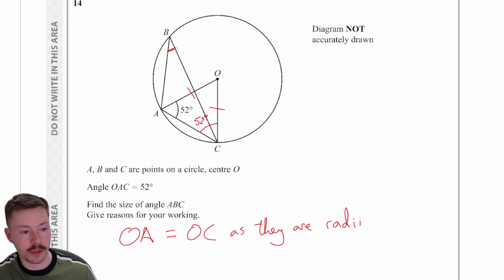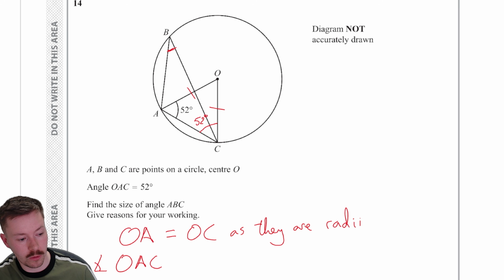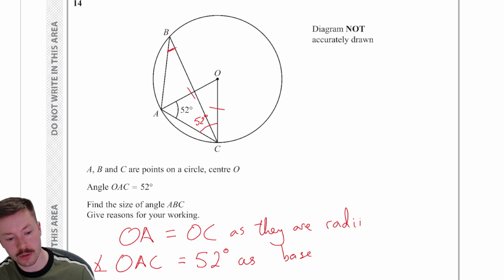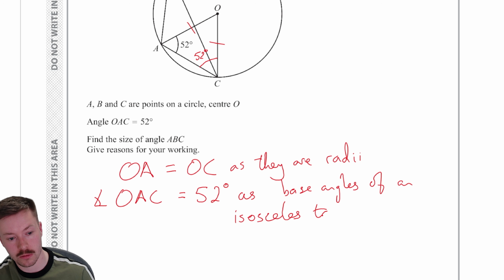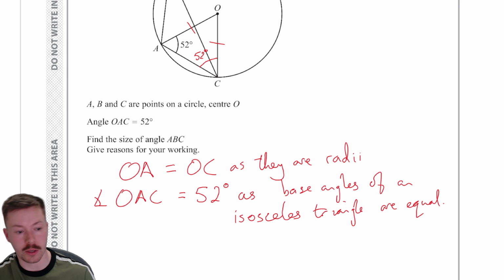And then I'm going to write angle OAC is equal to 52 degrees as base angles of an isosceles triangle are equal.